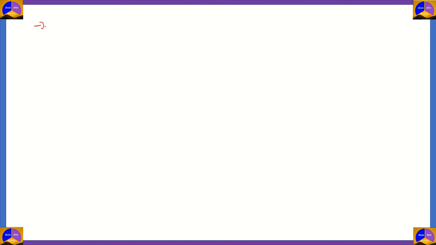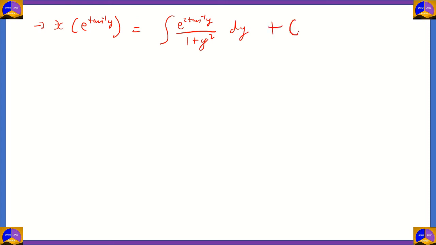Therefore x times e raised to tan inverse of y will now be equal to the integral of e raised to 2 tan inverse of y divided by 1 plus y squared into dy plus c. Over here on the right hand side, it's best if we use substitution.